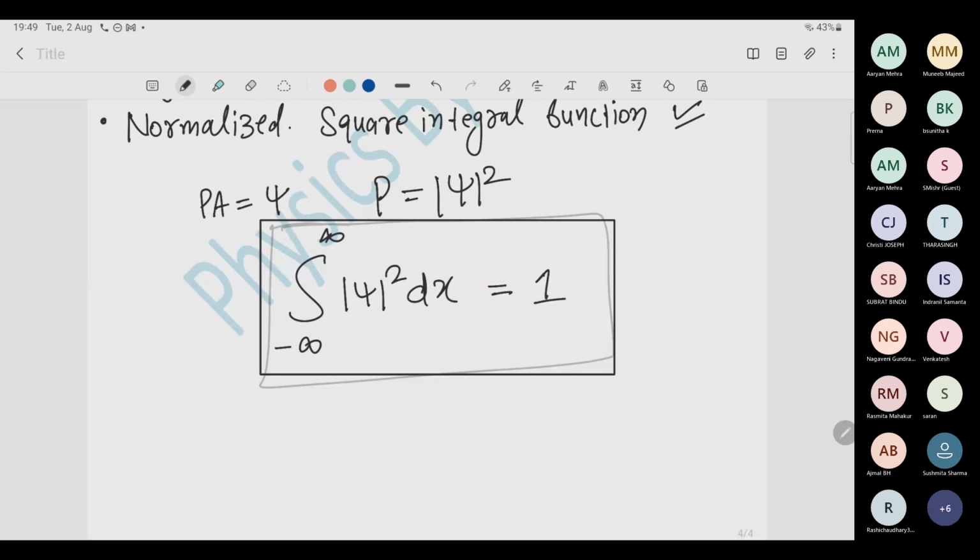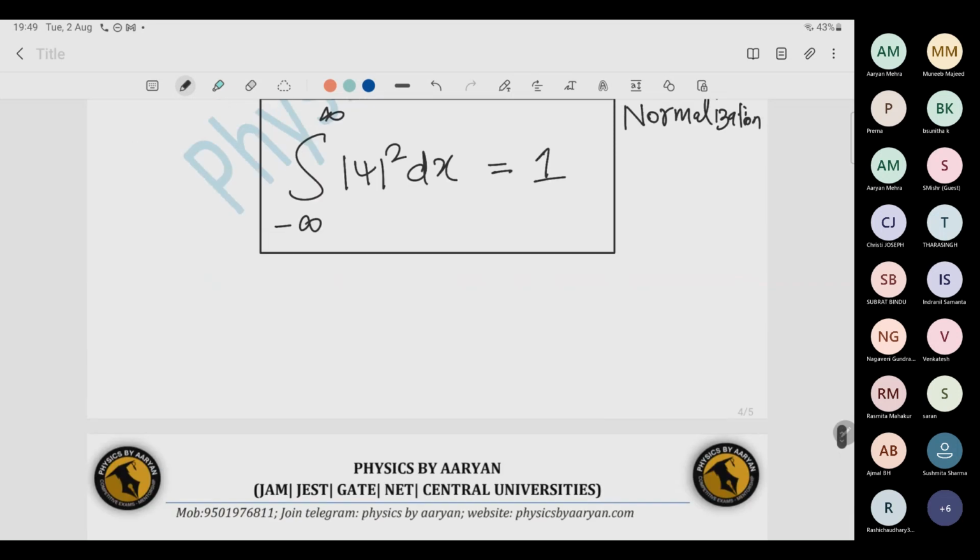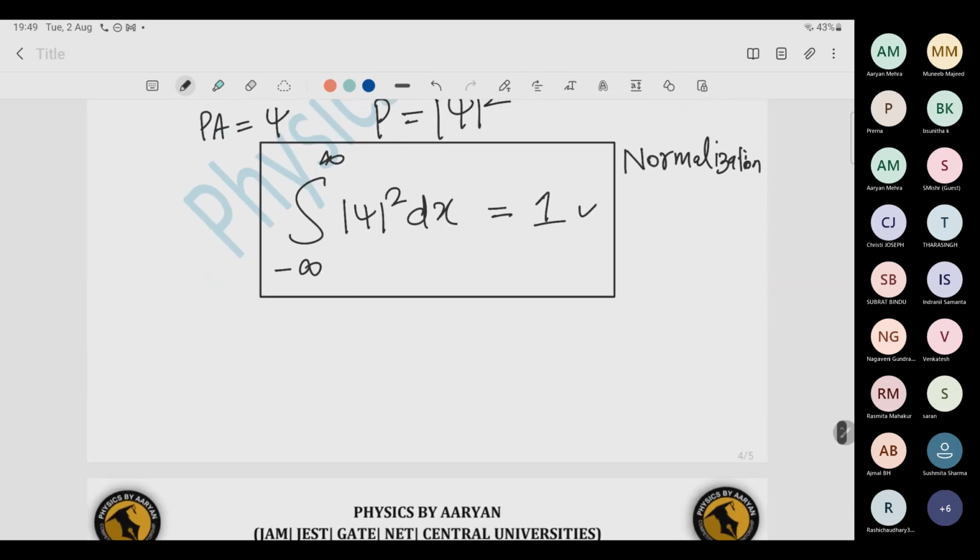This must be satisfied, because if it is representing probability, then the sum of the probabilities must be 1, and this condition is called normalization. How, please repeat, what is normalization again? That this condition must be satisfied.